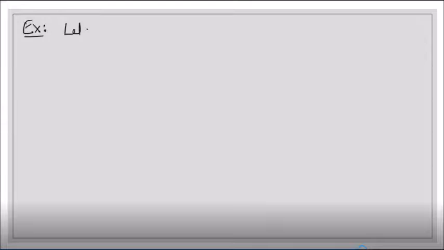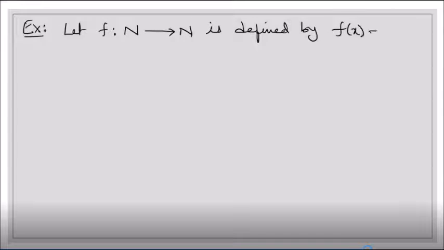Example: let f map N onto N, defined by f of x equals 3x minus 2.